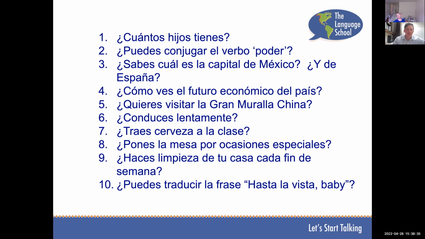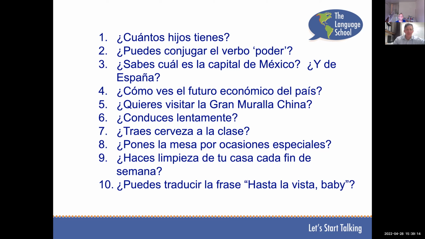¿Pones la mesa por ocasiones especiales? Sí, pongo la mesa por ocasiones especiales. ¿Hace limpieza de tu casa cada fin de semana? Sí, hago limpieza de mi casa cada fin de semana. ¿Puedes traducir la frase hasta la vista, baby? ¿Qué significa traducir?